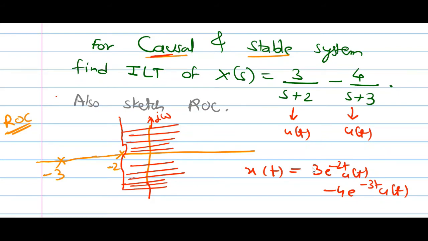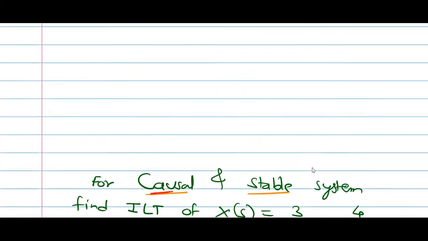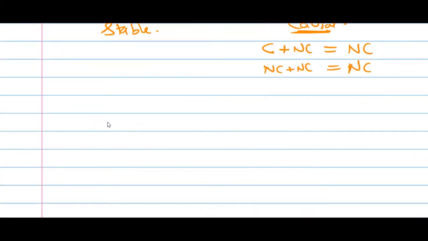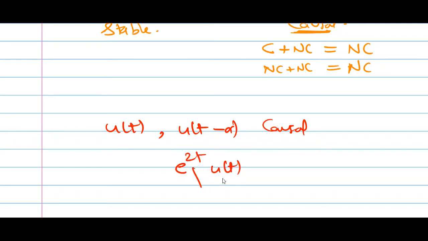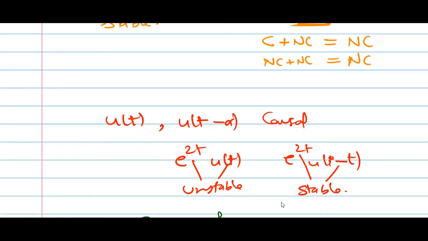Okay, so the answer we have determined for this question is stable and causal. Now you can use the concept from your unit number 2, that u of t minus alpha is causal, and for stability, e raised to 2t u of t, same sign, means unstable, and e raised to 2t u of minus t, opposite sign, means stable. So you can use this concept to verify whether you got the correct answer or not.